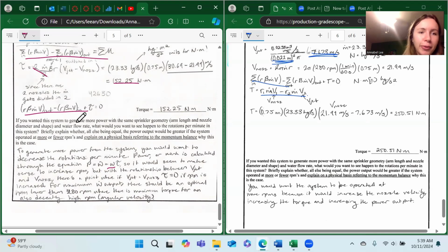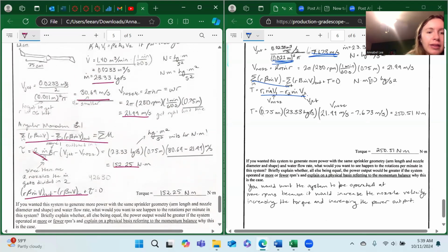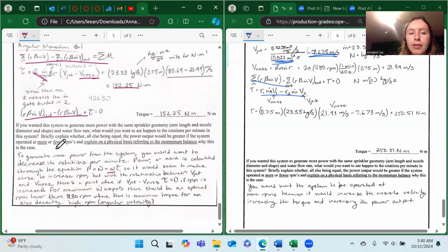But the thing with torque is it's going to be factoring in the tangential velocity, and tangential velocity is calculated by this. So the lower the tangential velocity, or the velocity of the nozzle, the higher the torque is going to be. So if you increase omega, you're going to get to a point where V jet equals V nozzle, and then torque is going to get 0, and you're going to get 0 power.